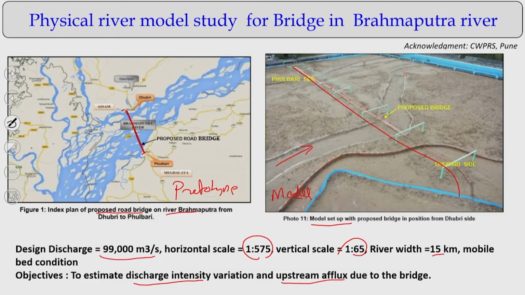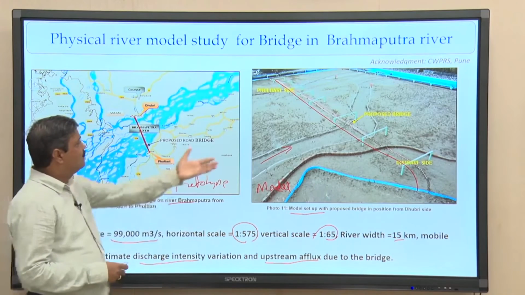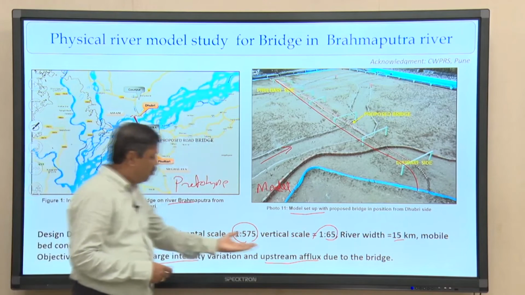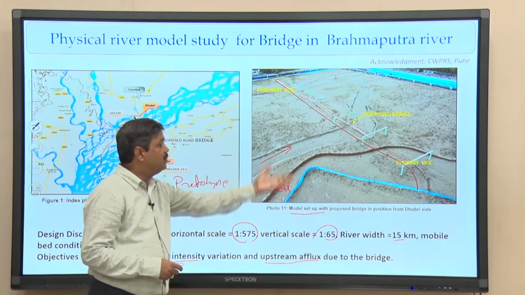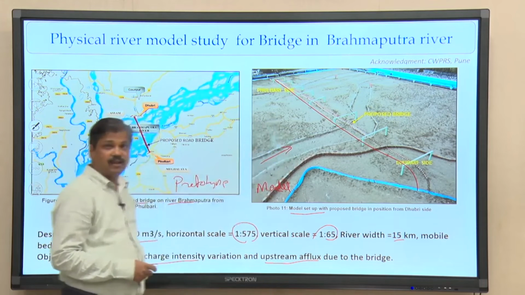So, before implementing a bridge project, we do a physical river model to know how much discharge intensity variation there will be, how much scour formation there will be at different bridge piers, and what the upstream effluents could be because of the construction of this bridge.